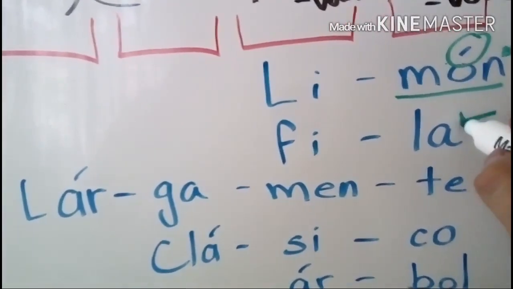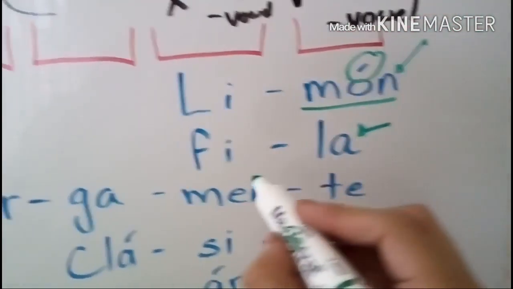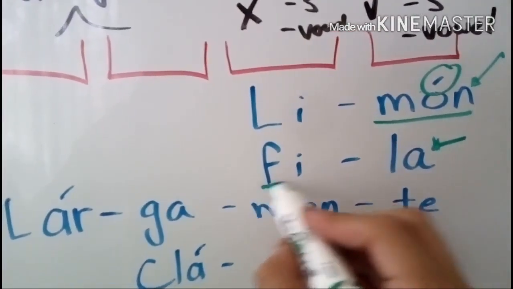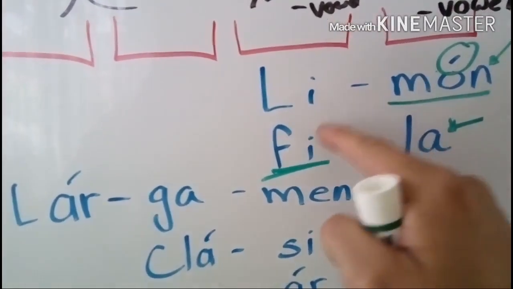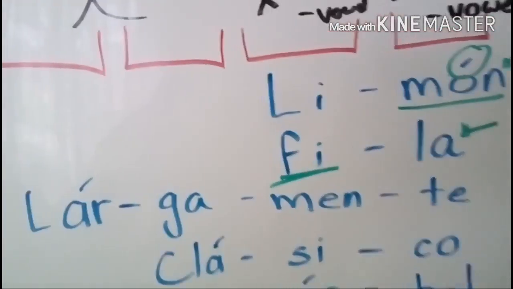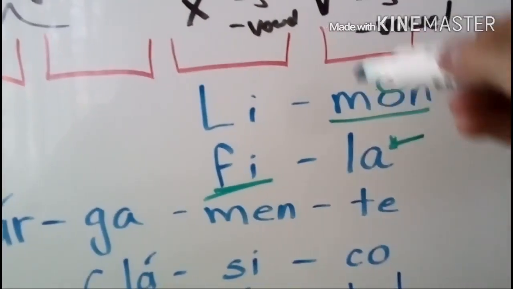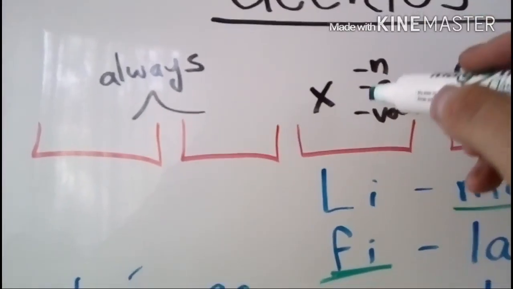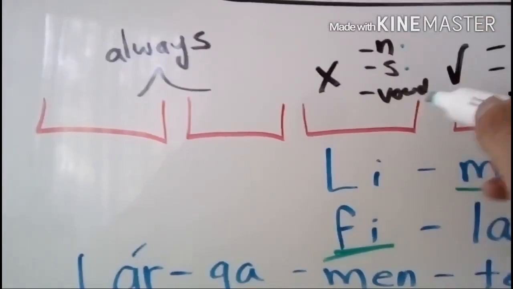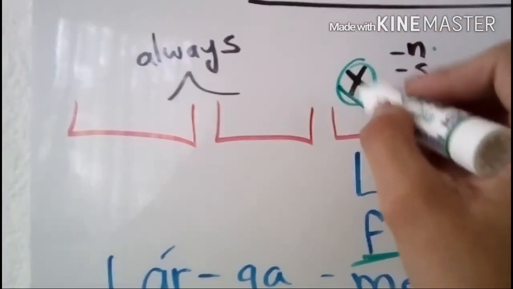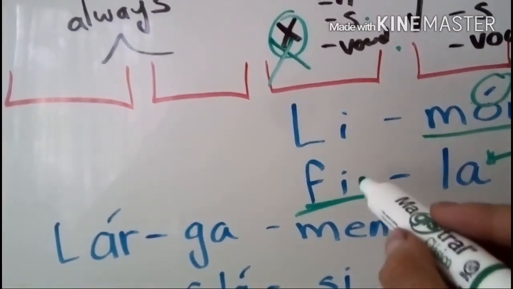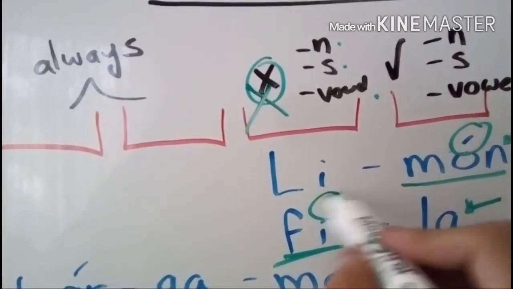Fila means queue, and it ends with an A. And the stress is fila, fila. It has the stress sound here in the I, and because it ends with a vowel, and here it says that if it ends in N, S, or a vowel, you will never put an accent. So here there is no accent.